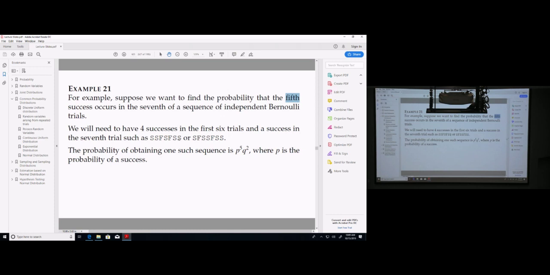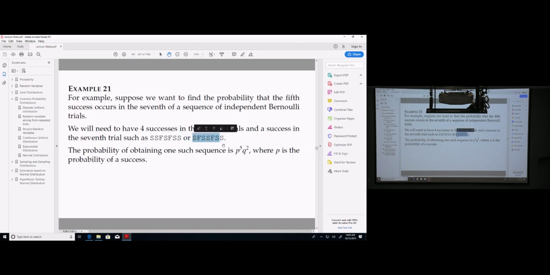Now, first of all, the last trial has to be a success. These are 2 examples. It not only ends at a success, but it also has to have 4 successes prior to it, and these 2 examples illustrate this.